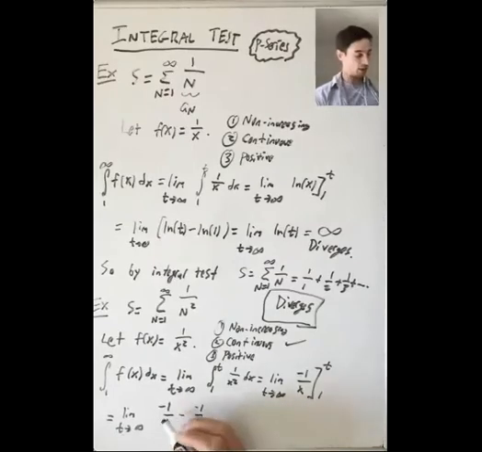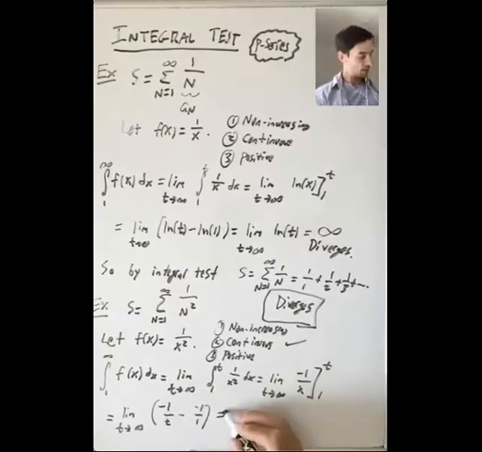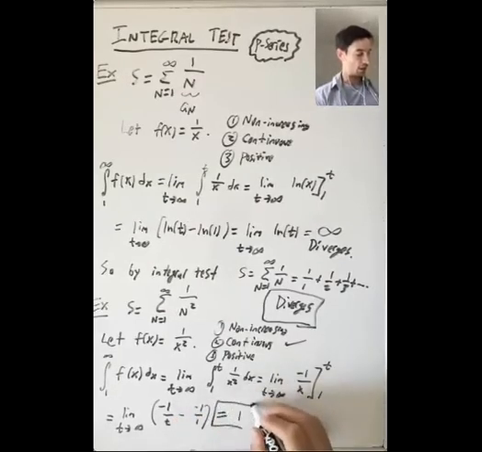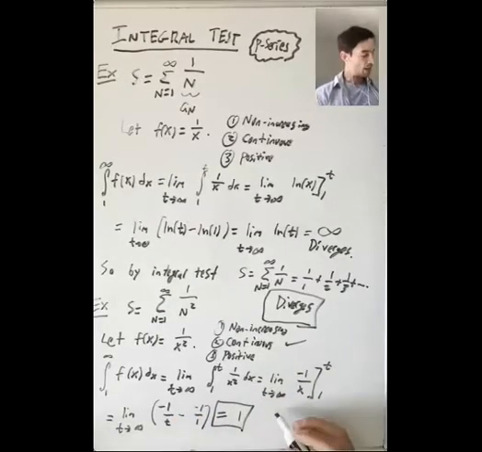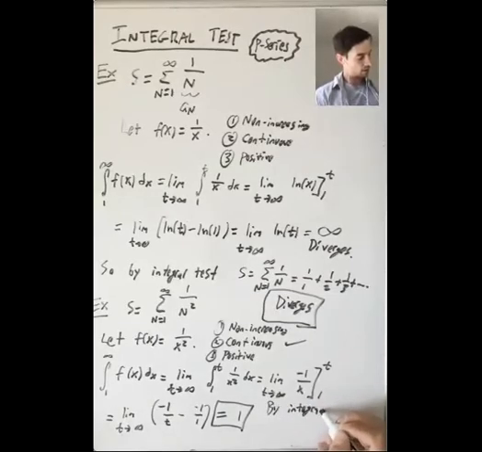As t gets really large, minus 1 over t goes to 0, and minus minus 1 is plus 1. So this is 1. So by the integral test, this series S converges also.